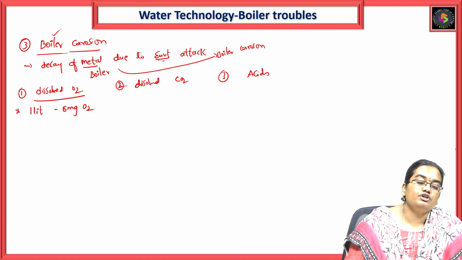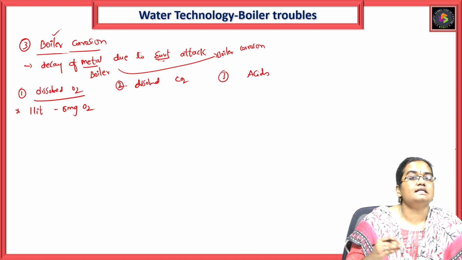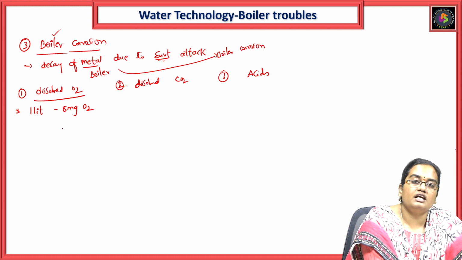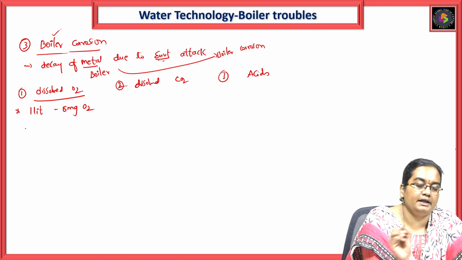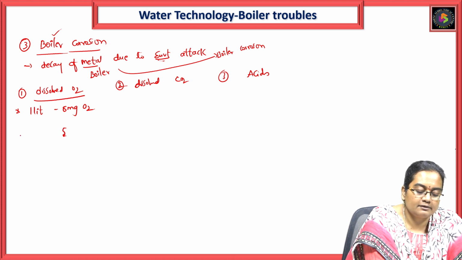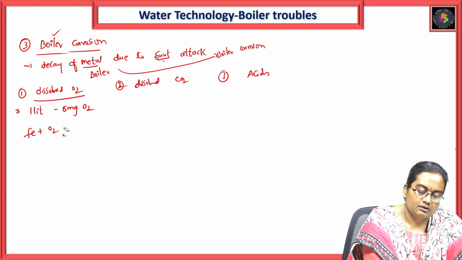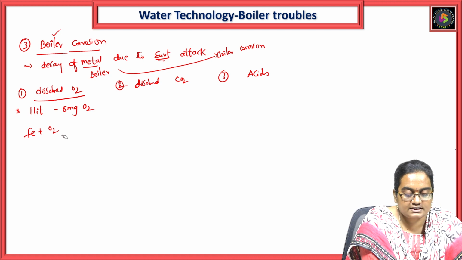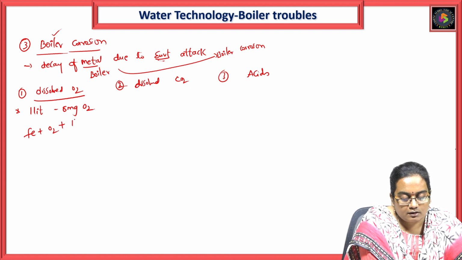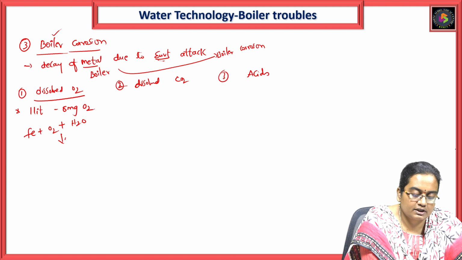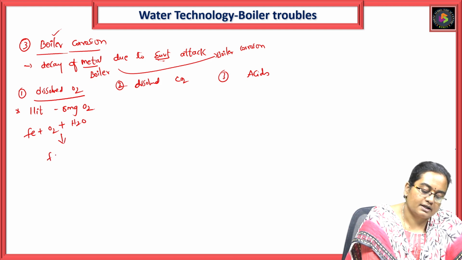Due to the presence of oxygen, what is happening here? We know that boilers are made up of iron, right? So this iron is combining with oxygen in the presence of water, and it leads to rust.